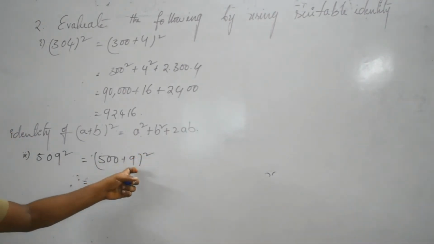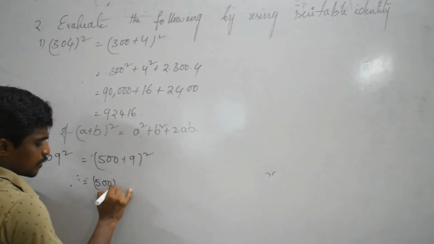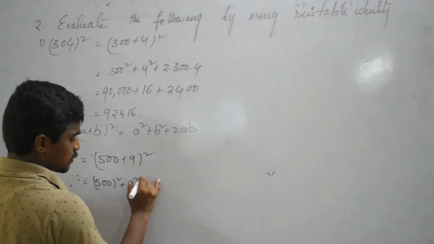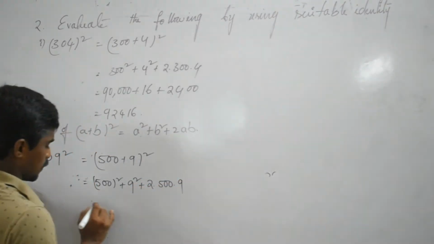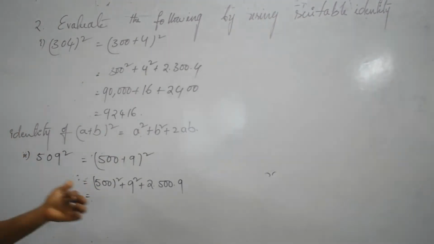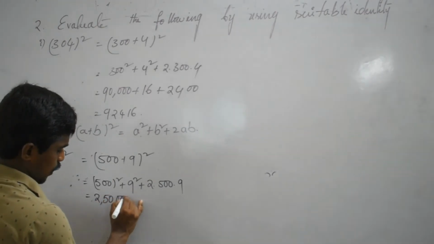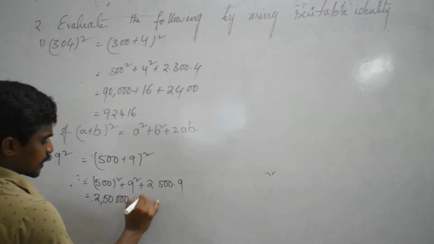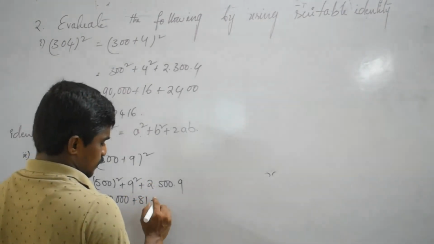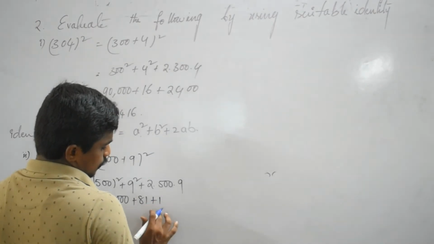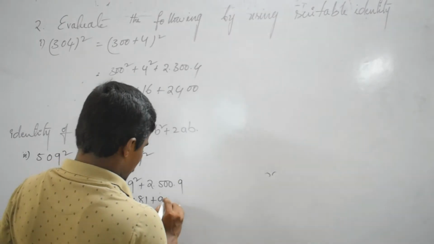Now (a + b) whole square: 500 square plus 9 square plus 2 times 500 times 9. 5 fives are 25, so 2 lakhs 50,000. 9 nines are 81, plus 2 fives are 10, 10 nines are 90, so 9,000.